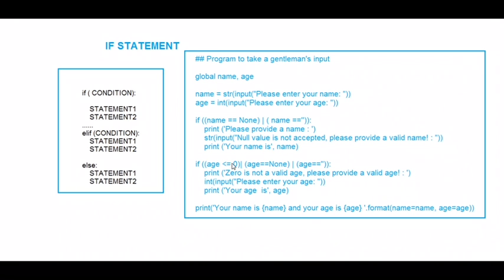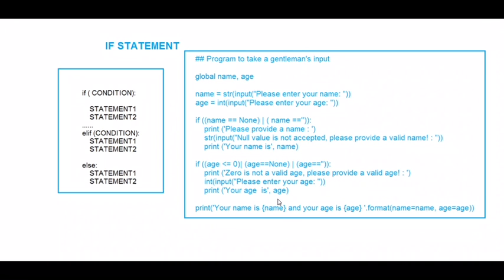Actually these are very basic statements for if loops, just to make you understand how it works. So if age is smaller than or equal to 0, or age is equal to none, or age is nothing specified for it, then we want an input from the user. So we ask the user to input something here, and then we print that input to the screen.